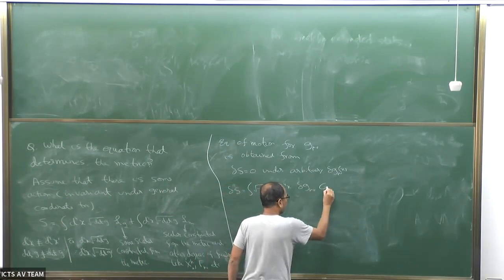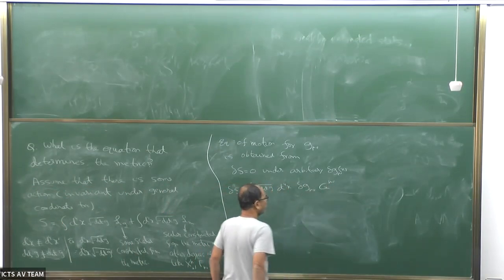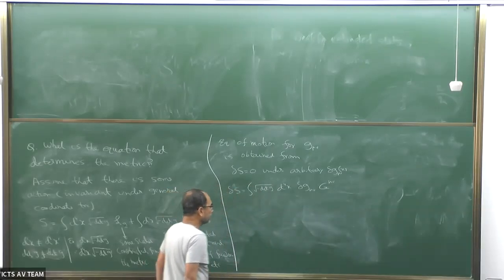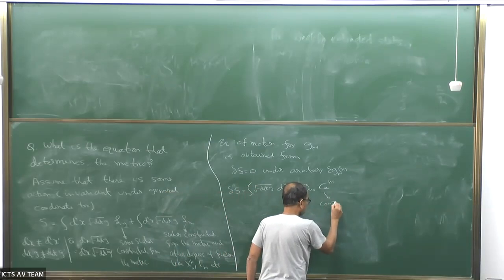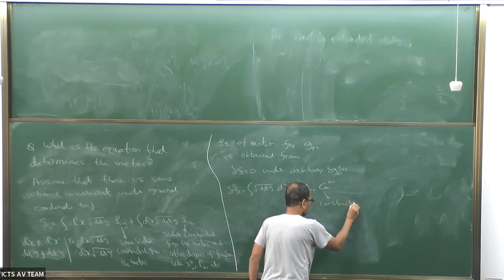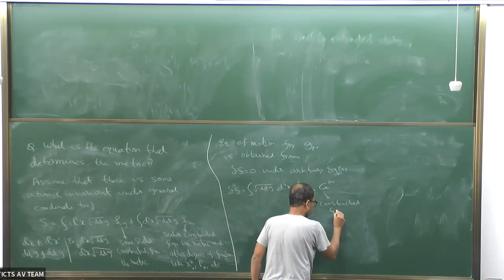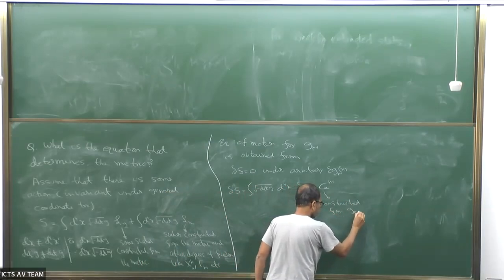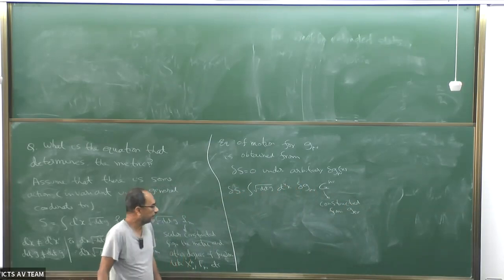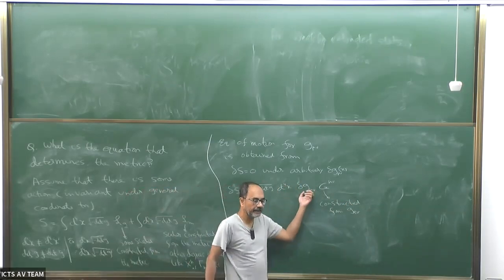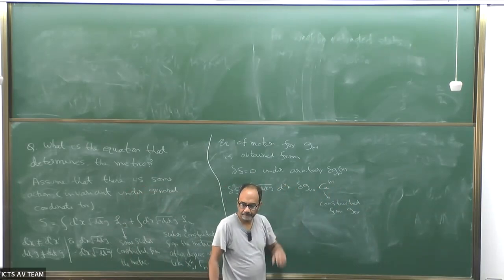Let me call whatever is the coefficient of delta g_mu nu capital G^mu nu, something made of the metric.